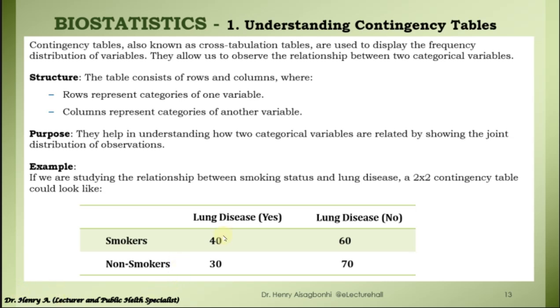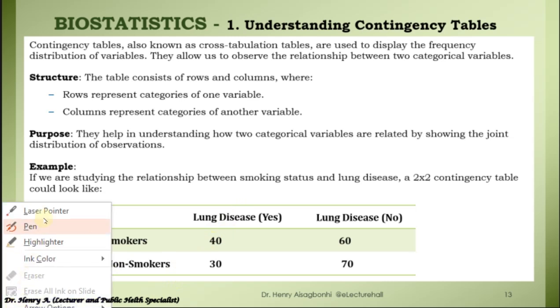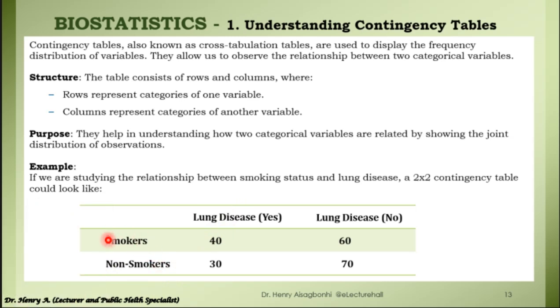So you can see this is a table, and in this table you can see the categories: smokers, non-smokers, those who came down with lung diseases, yes, 40 among the smokers, 30 among the non-smokers. Those who didn't have lung diseases, 60 and 70.